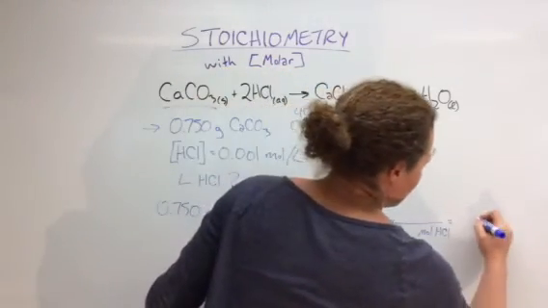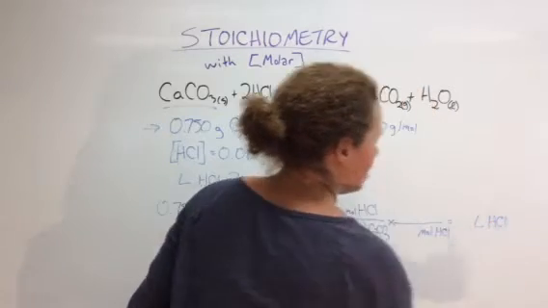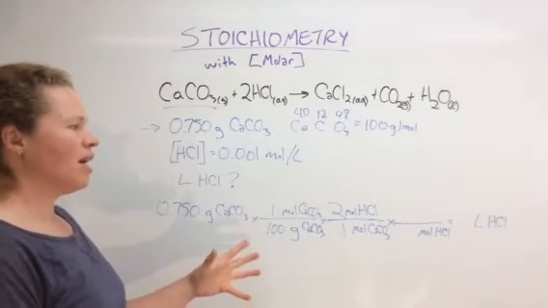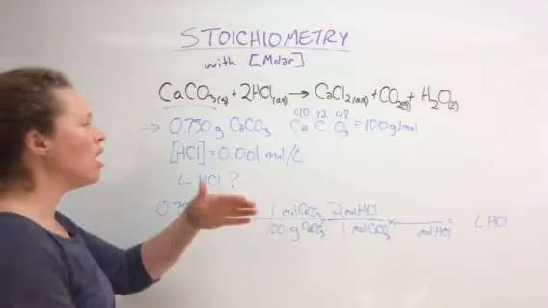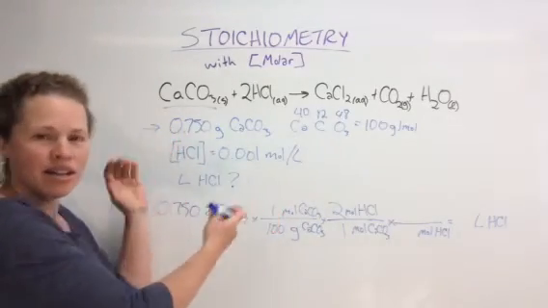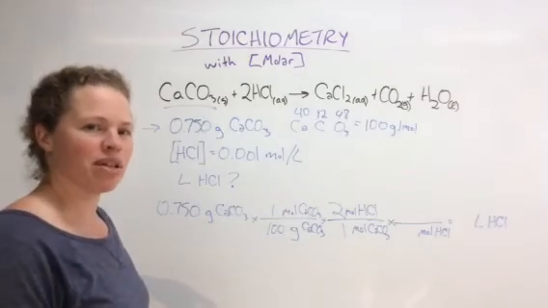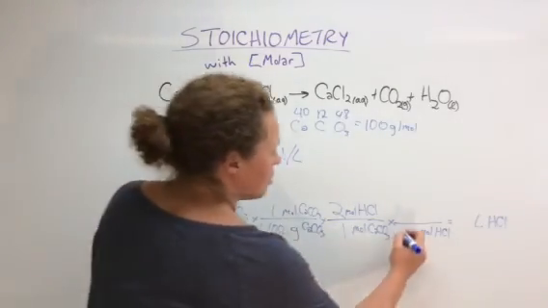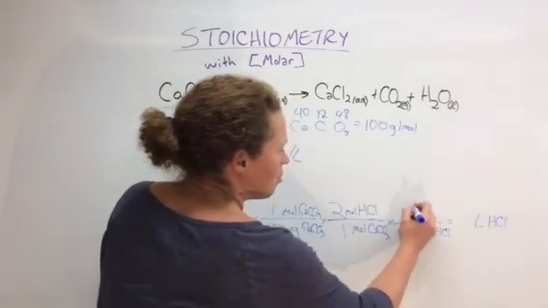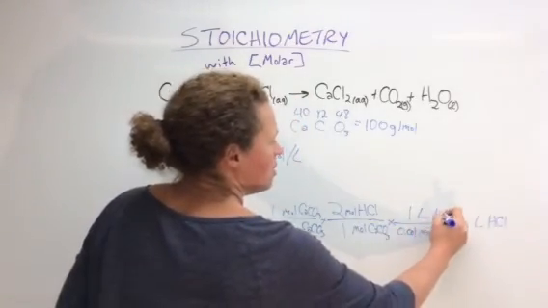What do I have that links moles and liters of HCl? Oh, there you go. That's how the moles per liter works. It just fits right in there because now I know that I have 0.001 moles per 1 liter of HCl.